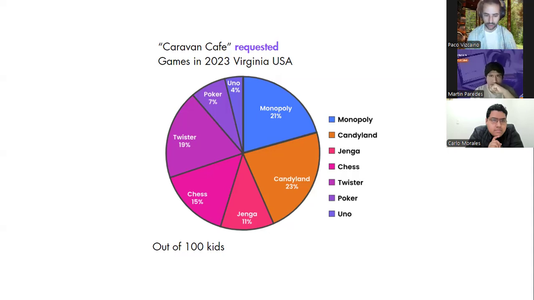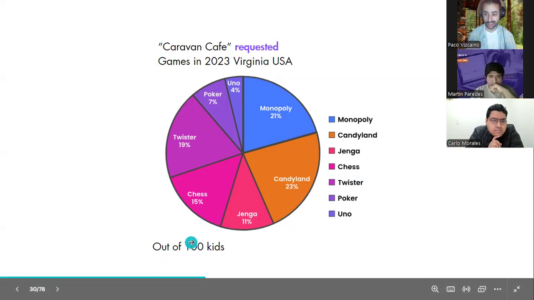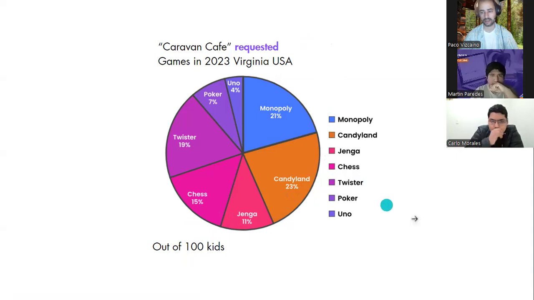Por ejemplo, tú empezaste diciendo un universo de 100 niños, entonces en inglés también empieza por ahí. There's a universe or sample size, o la palabra que tú quieras usar. There's a universe of 100 kids, 23% have requested Candyland. Y ese sería el orden.